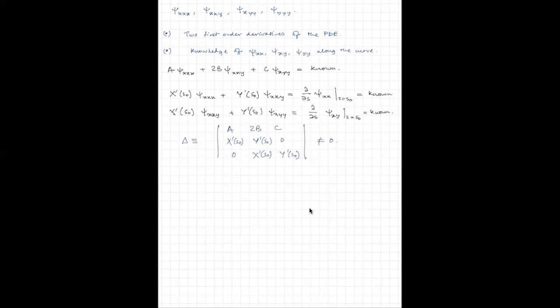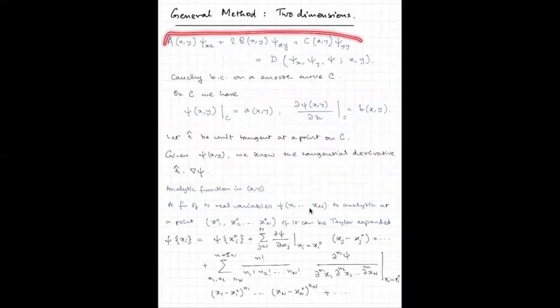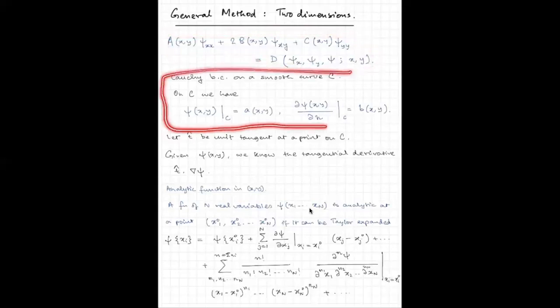So remember what we did. We started off with a second order equation, this general second order equation, and we had Cauchy boundary conditions on a smooth curve. And then we were trying to discuss if it was possible to determine psi in the vicinity of some given point x naught, y naught, and we showed you that this is something that can be done.